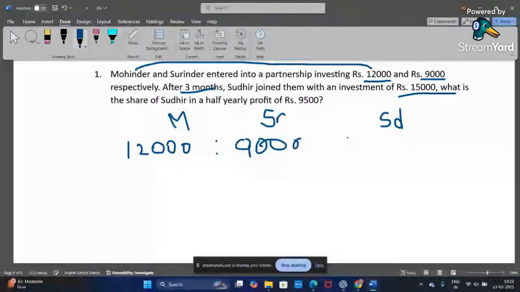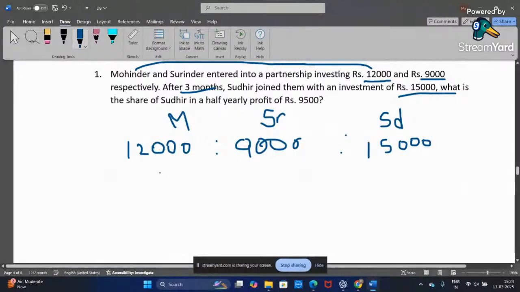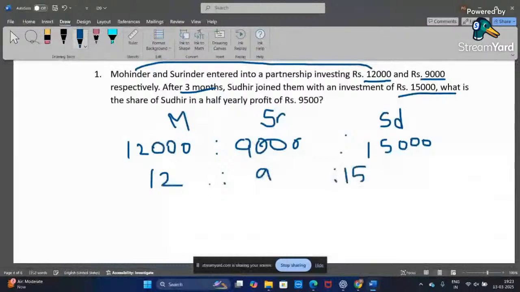Let us write it in the ratio form. And Sudhir has invested 15,000. What is the ratio of this? Simplify. 12, 9, 15. Again, we can further simplify, right? 3 4s are, 3 3s are, 3 5s are.